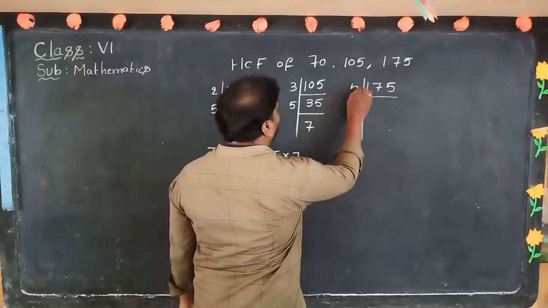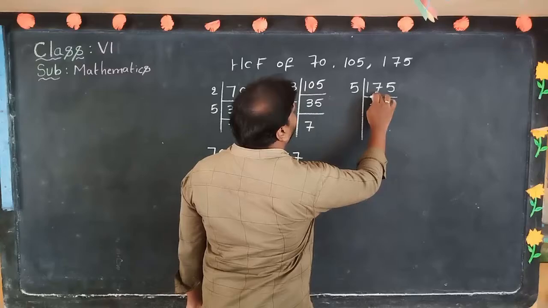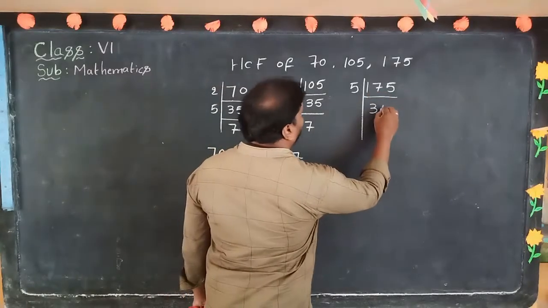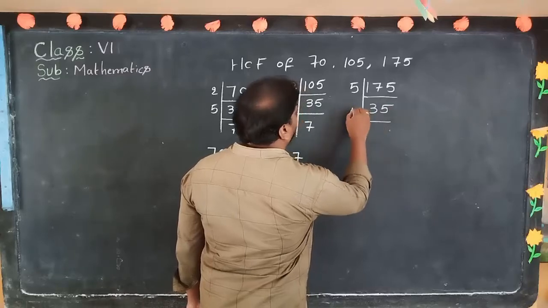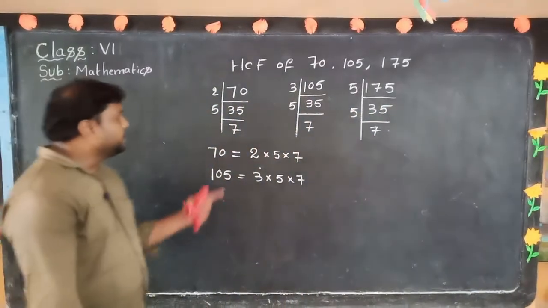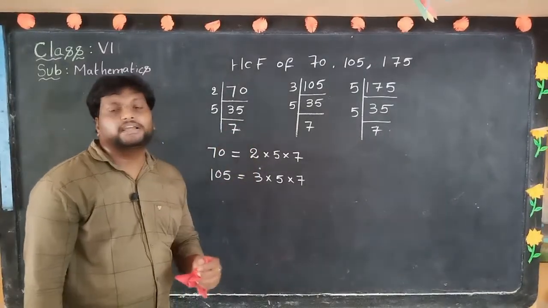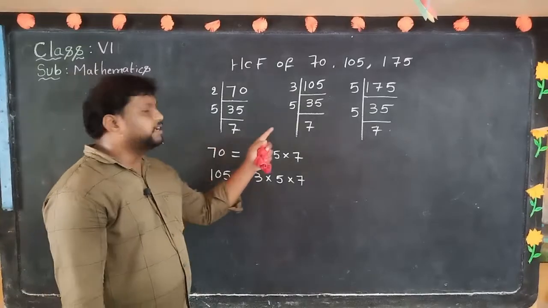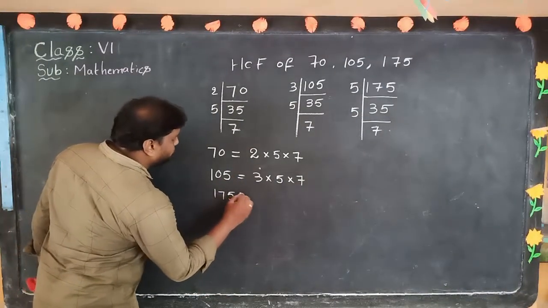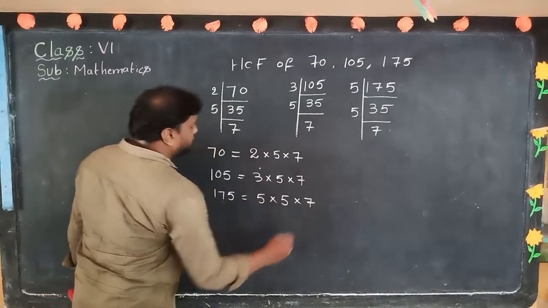Then we go directly with 5. 5 times 35 is 175, then 5 times 7 is 35. Just observe, the last number ends with 7 only. 175 is equal to 5 into 5 into 7.